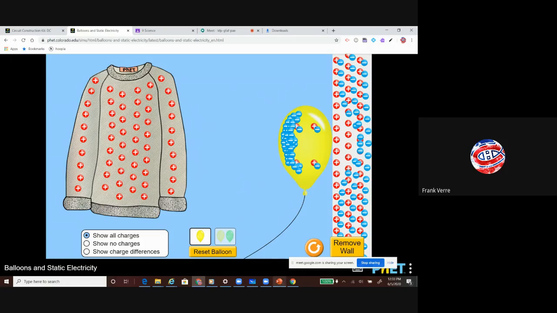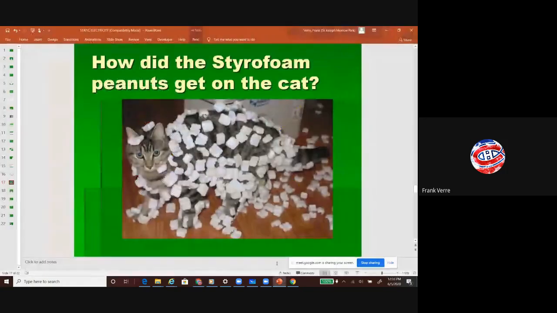It's actually the same process. So the cat is charging itself through triboelectrification, and then through induction, the styrofoam sticks to the cat.